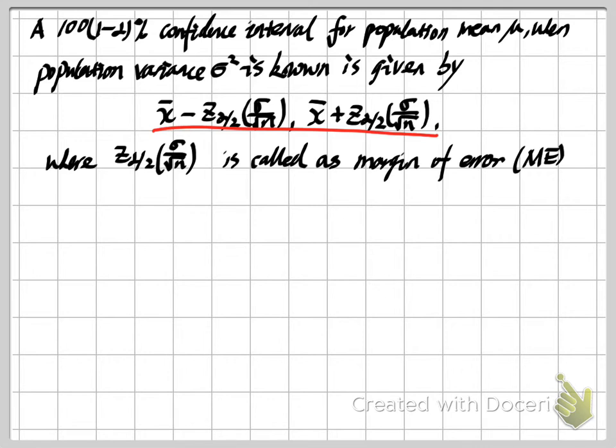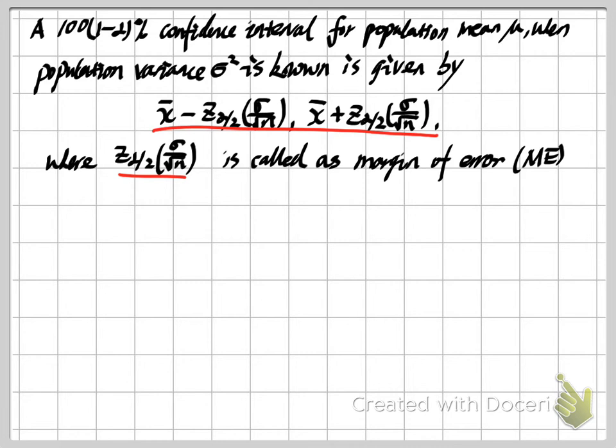We call the term z alpha over 2 times sigma over square root of n the margin of error. That is a way to describe how far our estimator is from the true value. Okay, so this is the material for the confidence interval for the normal distribution when the variance is known.